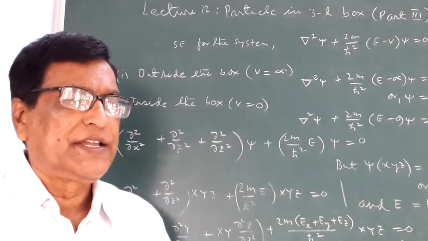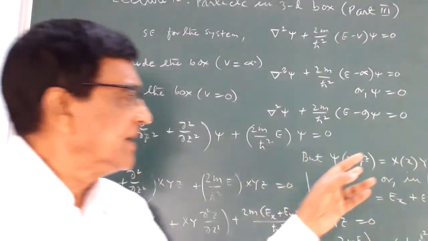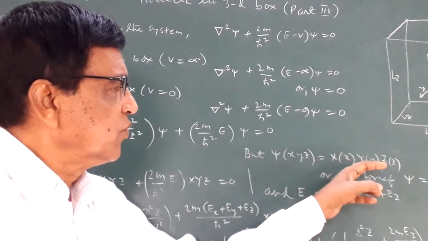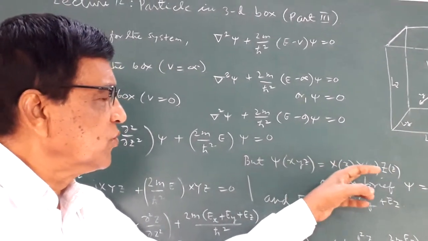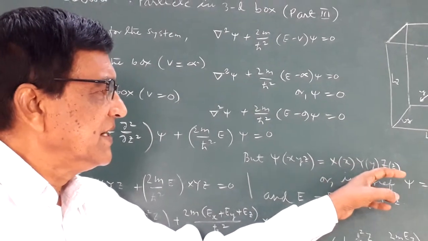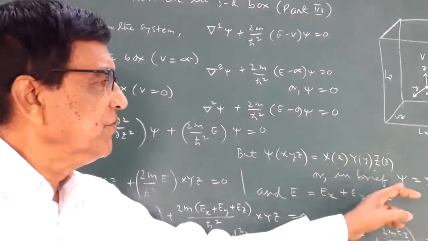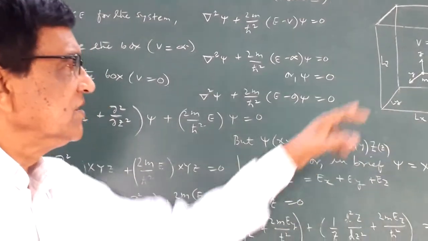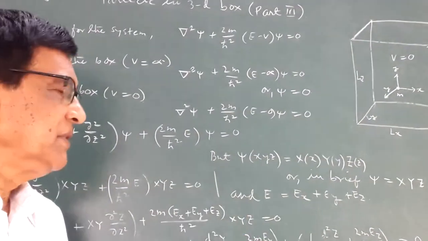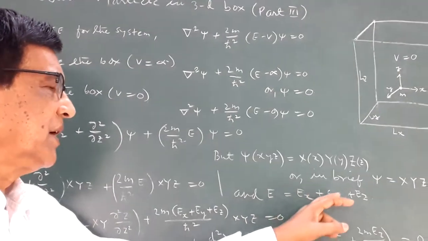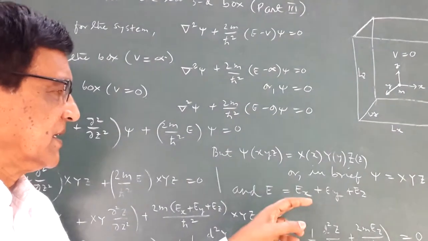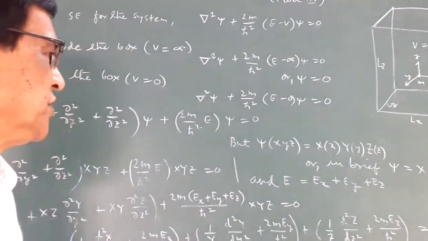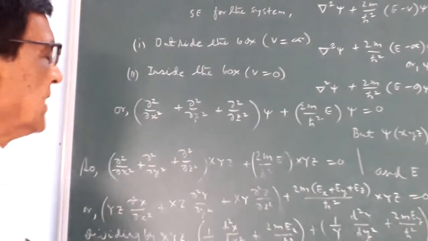It depends on x, y, z independently, and so we can write psi as a product: X is a function of x, Y is a function of y, Z is a function of z. In brief, we can write psi equal to X Y Z. And the energy of this box will similarly be Ex plus Ey plus Ez, along the x-axis, y-axis and z-axis.